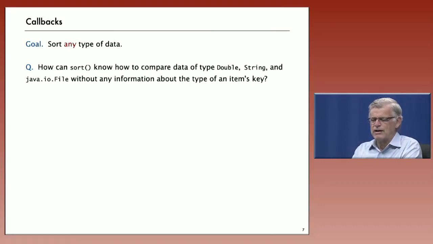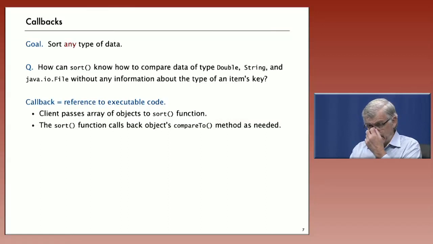How can sort know how to compare data of all these different types without being given any information about the type of an item's key? And the answer is that we set up a mechanism known as a callback, or a reference to executable code, where the client, by passing an array of objects to the sort function, in Java, there's an implicit mechanism that says that any such array of objects is going to have a compareTo method.